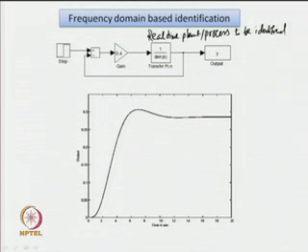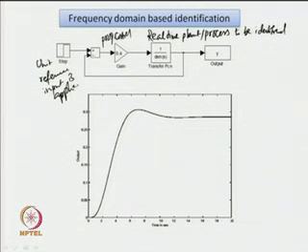So, in the closed loop we have a feed forward proportional controller with certain gain 0.4, and when some unit step reference input is applied, suppose the output becomes like this.